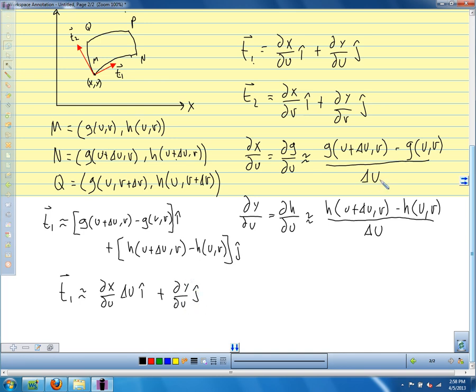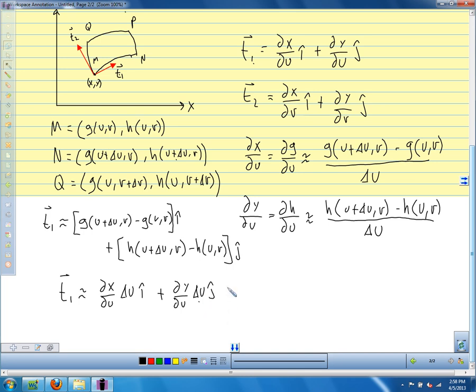So we multiply this by delta u, we get our i component. We multiply this quantity by delta u, we get our j component. So there's our approximation for t1.